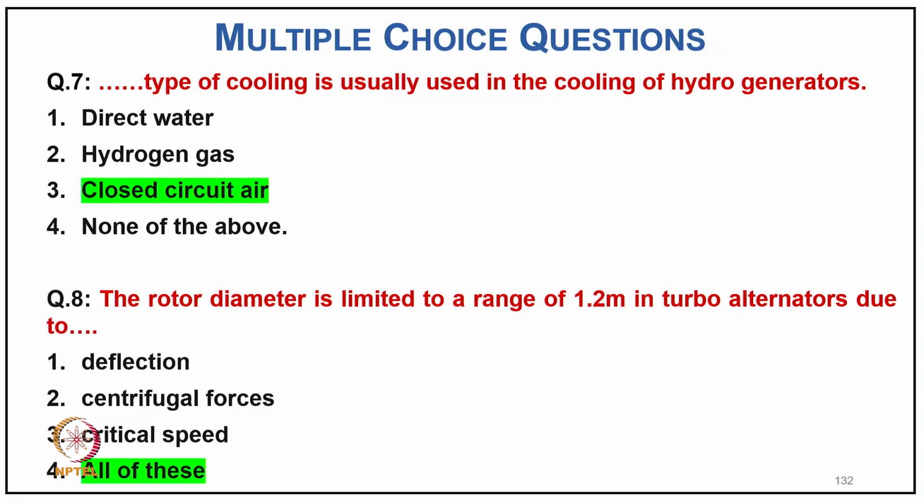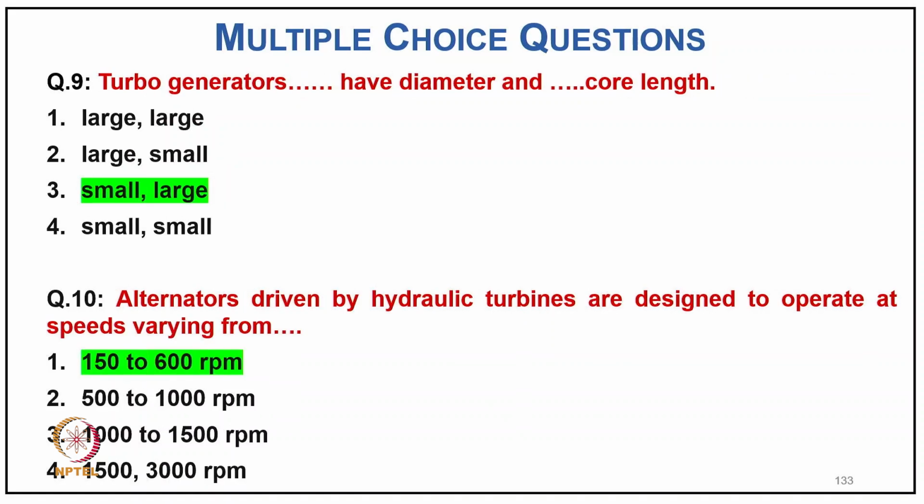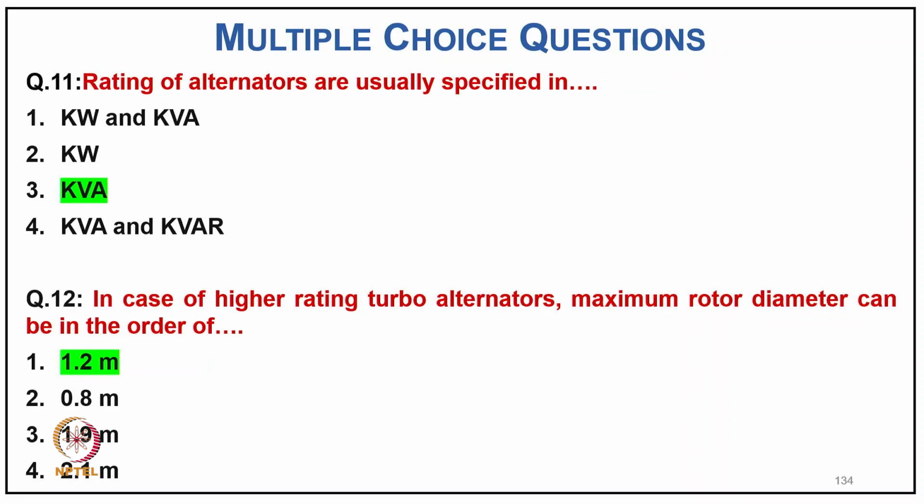The closed circuit air type of cooling is used in cooling of hydro generator. In turbo generator, the rotor winding ratio is 1.2, and turbo generators have a small diameter and large core length. Alternators driven by hydraulic turbine are designed to operate at speed of 150 to 600 rpm.